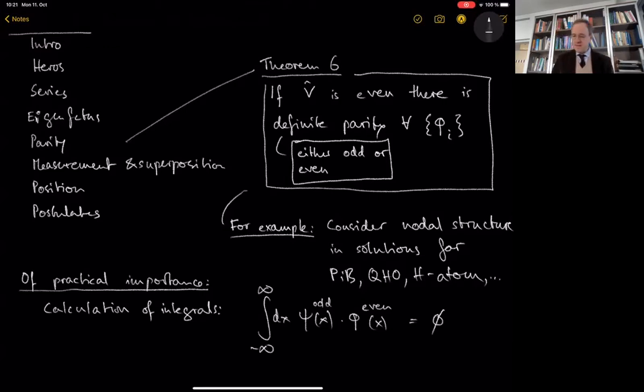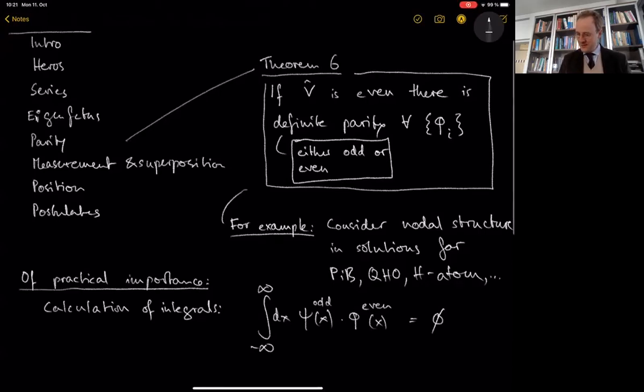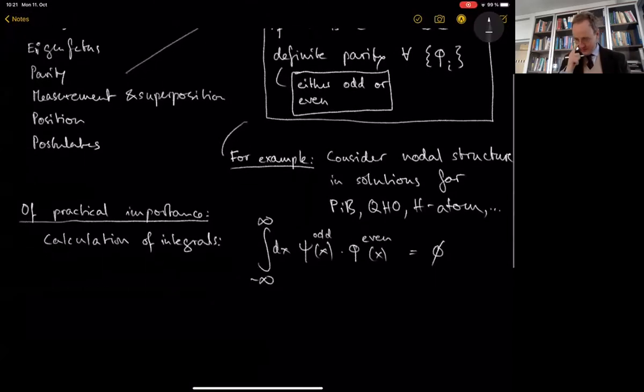Now, that might seem a little bit abstract, so let me give you a specific example where this can be exploited, and it's an example I like very much because it comes from the research in my group.